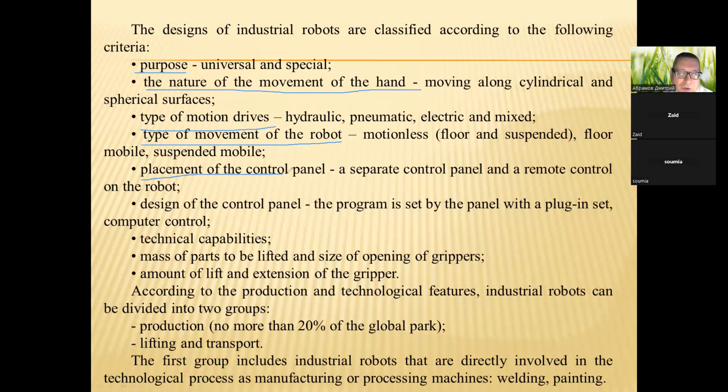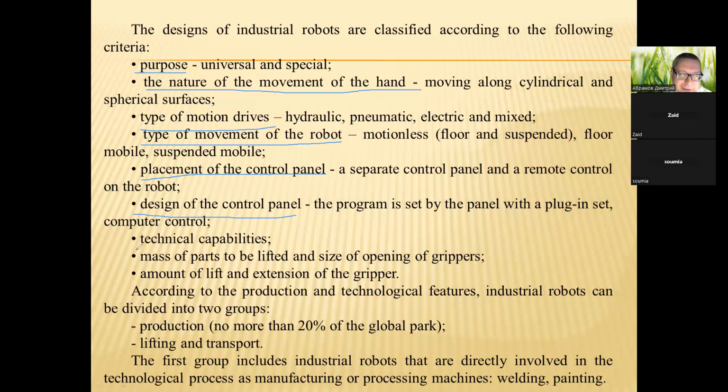Placement of the control panel: a separate control panel and a remote control on the robot. Design of the control panel: the program is set by the panel with a plug-in set, or computer control.